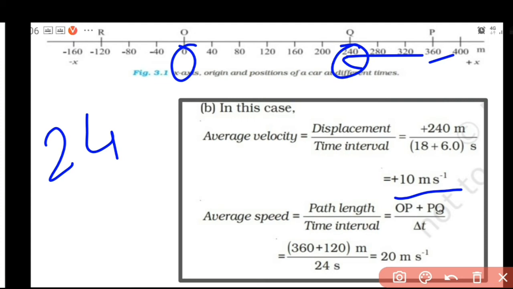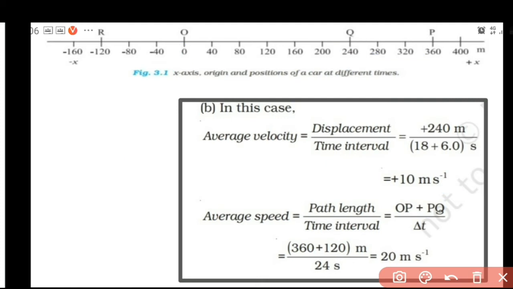Now what will be average speed? In finding average speed, you need to find the path length. What is the path length actually? OP plus PQ. What is OP? OP is 360, PQ is 240. 360 plus 240, you will get, sorry, it's not 240, 120.